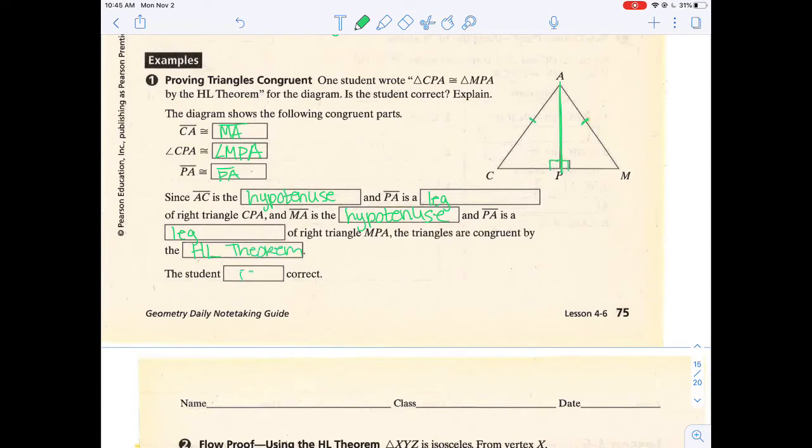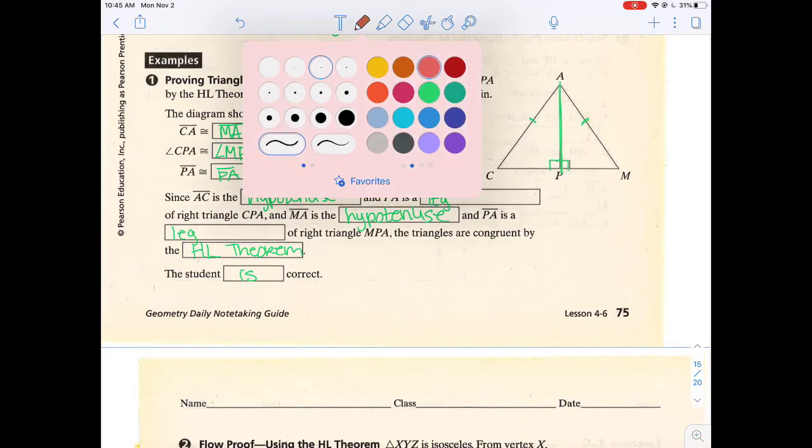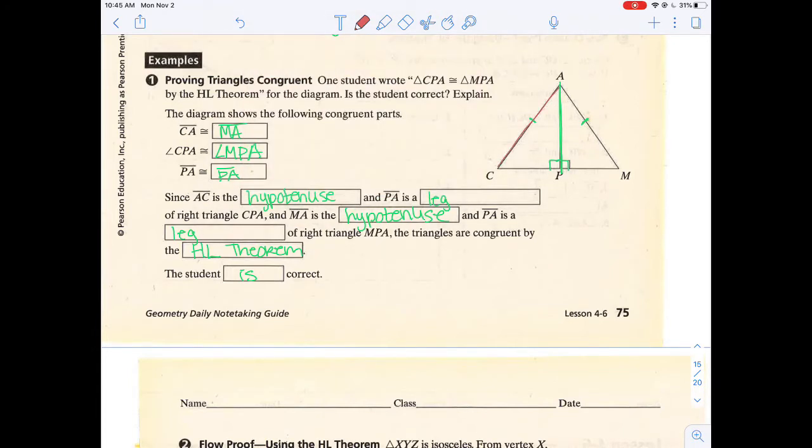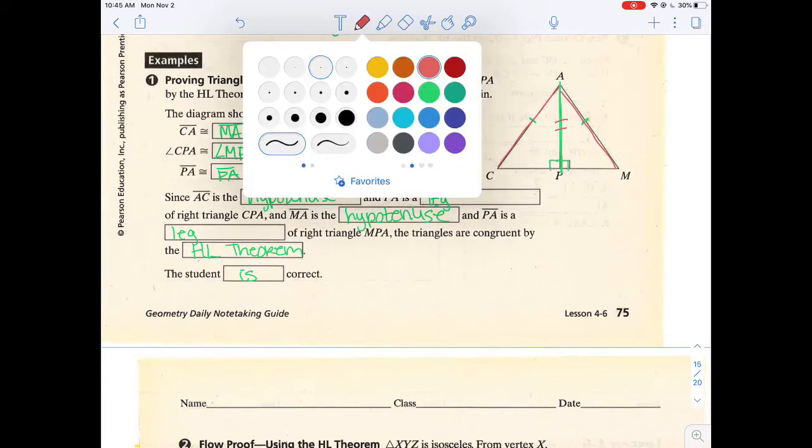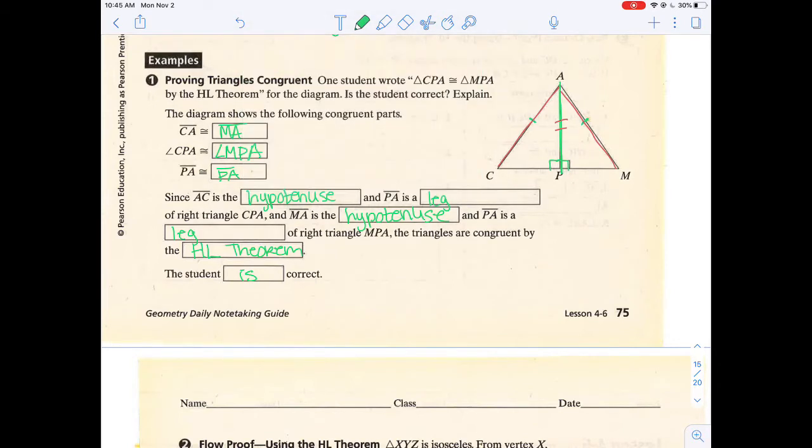So the student is correct. So all we did was notice that the hypotenuse was congruent to the hypotenuse. We know that each triangle uses this leg, so it has to be congruent to itself. So we know that the two triangles are congruent by the hypotenuse leg theorem.